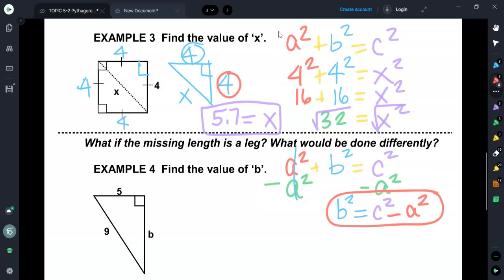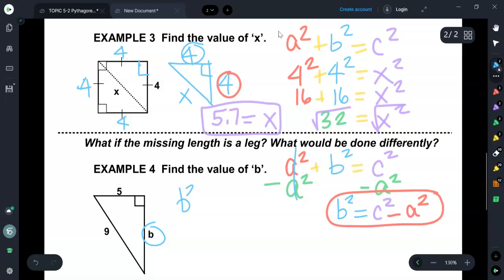Instead of missing the hypotenuse, let's look at our example. Again, it's the same equation, you've just rearranged it. Let's check out our a and b. Let's call this b, because it says b. So b squared is what I'm solving for. That's going to equal my c squared, which happens to be 9 squared, minus a squared, which is 5 squared.